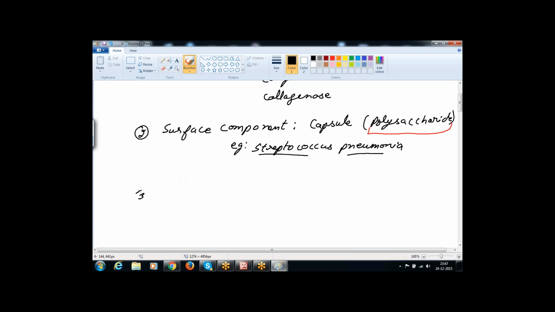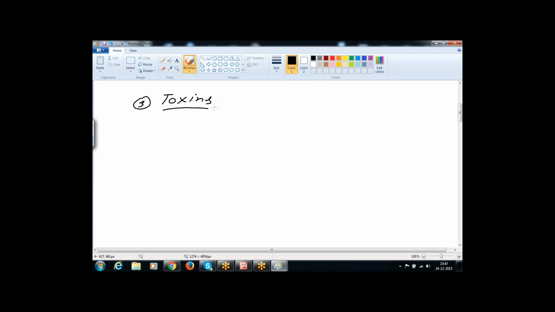And then the bacteria can produce toxins which damage the host body. These toxins are of two types. They are called endotoxins or exotoxins.